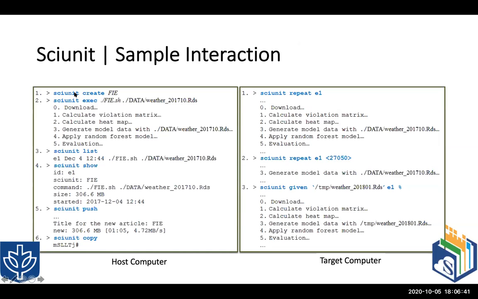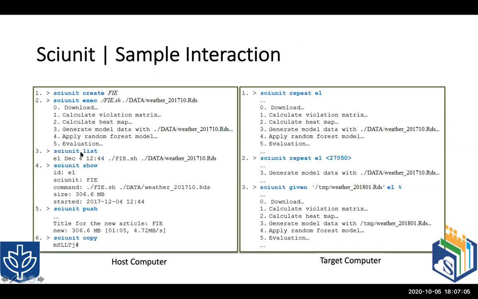So here is a sample interaction of PSI Unit. We can create a PSI Unit over here, for instance, FIE. So FIE is just a name of a PSI Unit. It works very much like a Git repository. And you run your application, for instance, a shell script, which is reading an input data file. It's running the application.